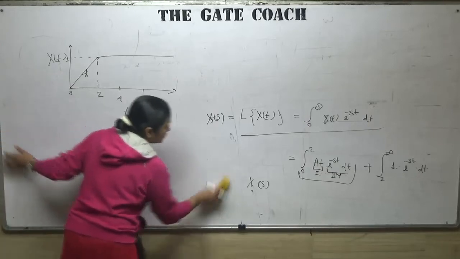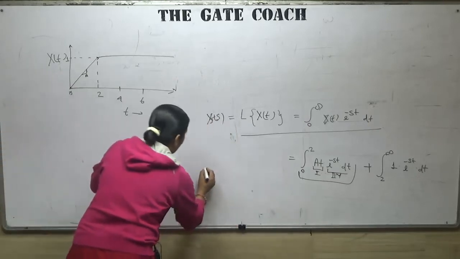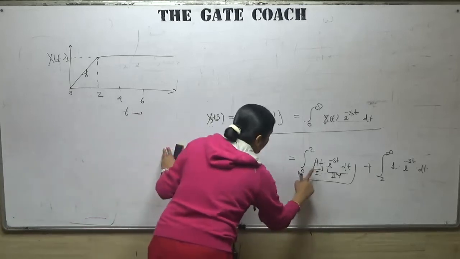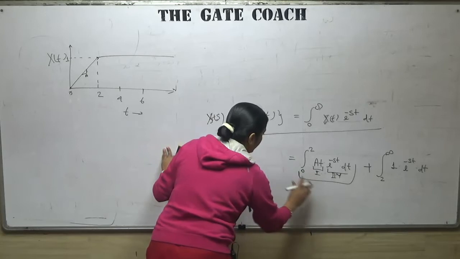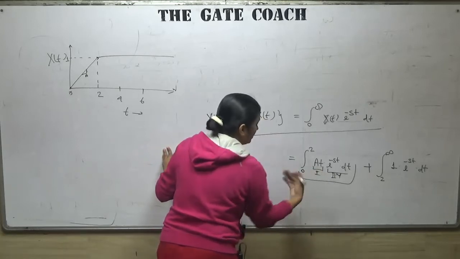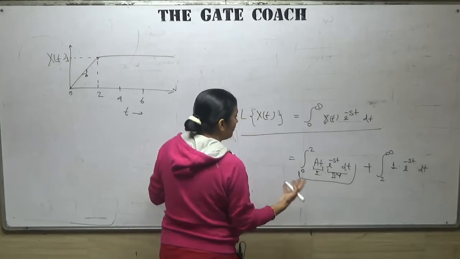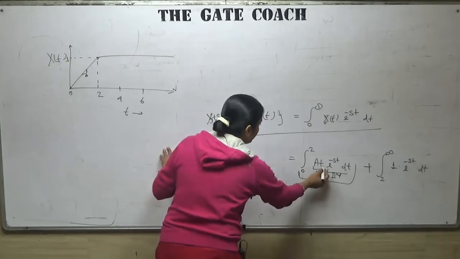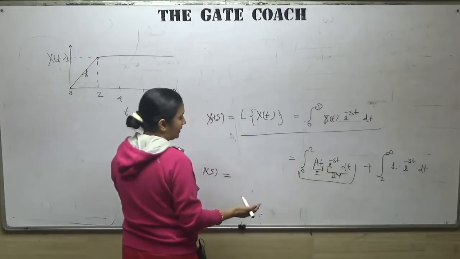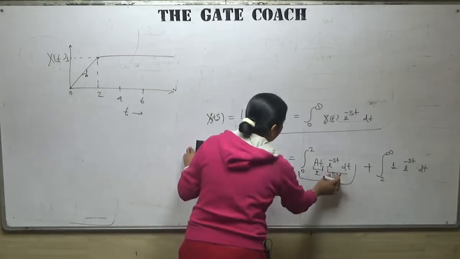Okay, I'm solving the question. This will come like X(s) is equal to, in integration by parts, we take first so that after differentiation it becomes 1. So after differentiation, that t will turn to 1, and e to the power minus st will not go to 1, so we take it as second term.